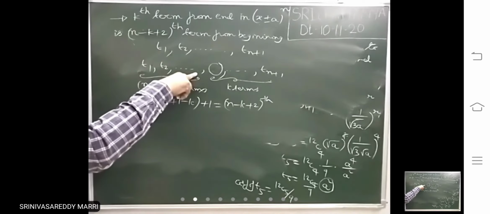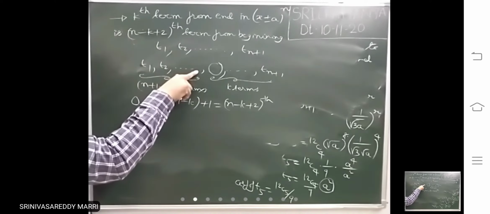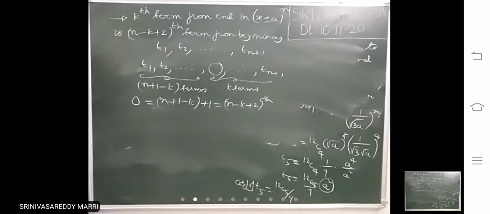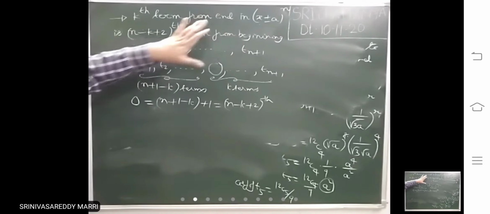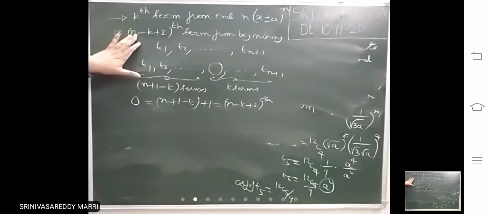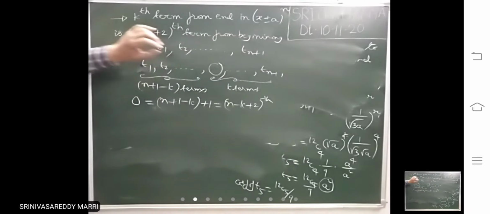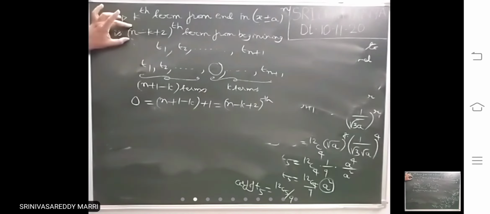For example, if till here 7 terms, plus 1, the 8th term will be that circle. So remember this: kth term from the end is nothing but n minus k plus 2th term from the beginning. If you know the term from the beginning, you can use the formula to calculate that.